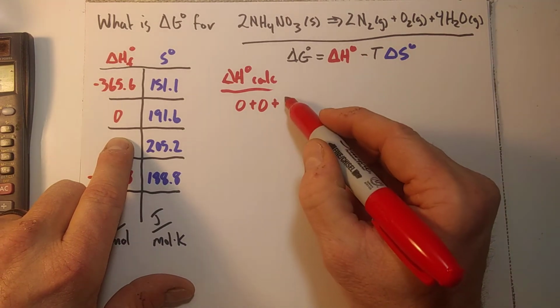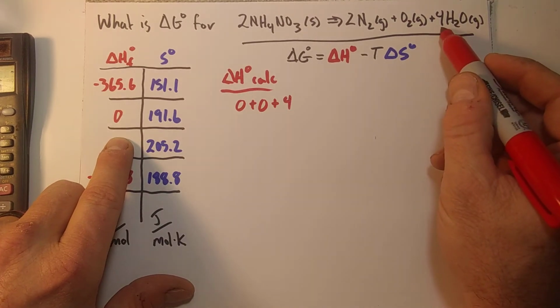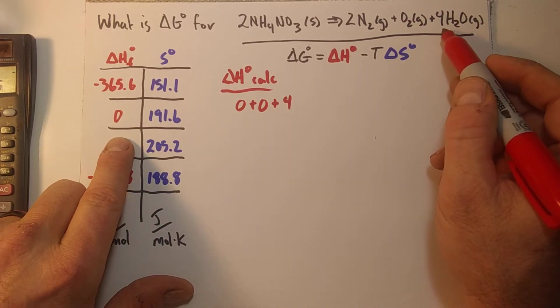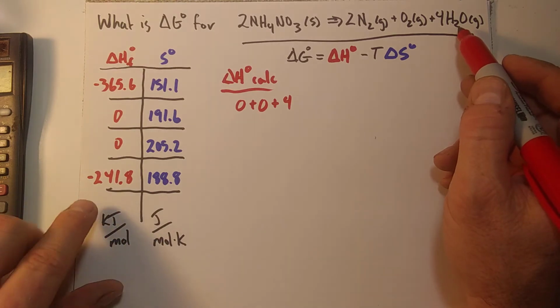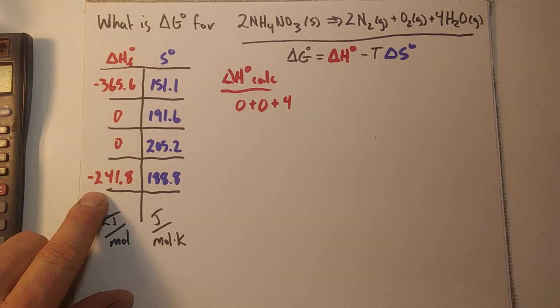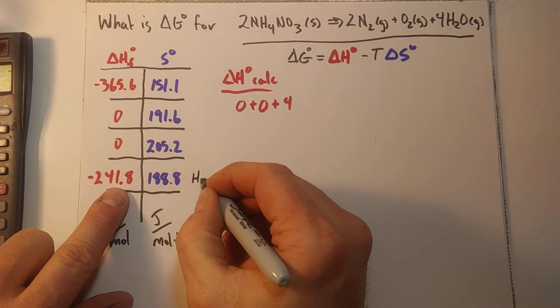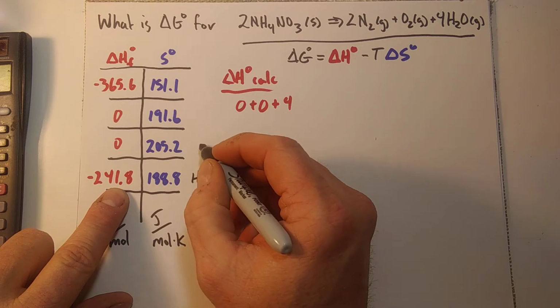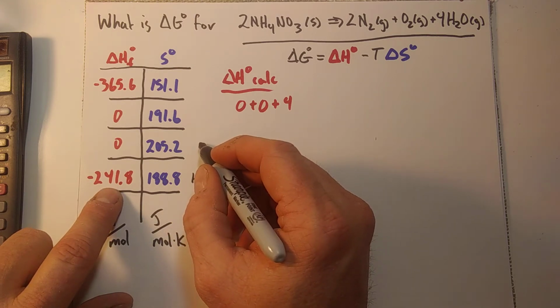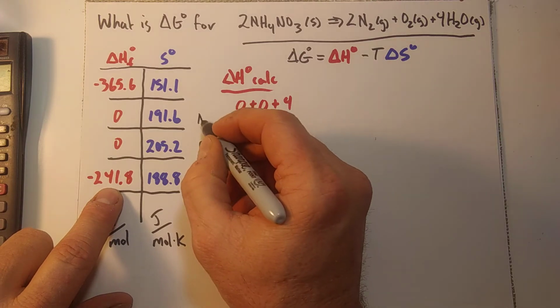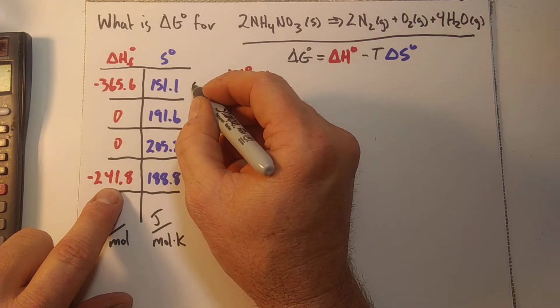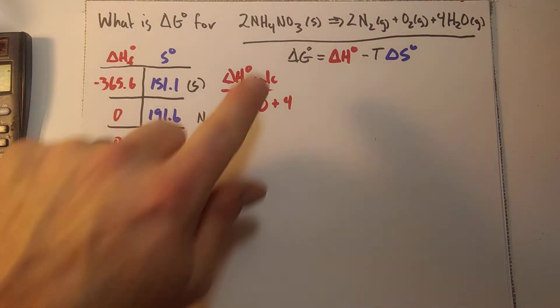But we do have the 4 as a coefficient. It's the number of moles of water made, and we know for water that the enthalpy of formation is minus 241.8. I forgot to put the legends here: this is water, this is oxygen, this is nitrogen, and this is the solid, the ammonium nitrate.